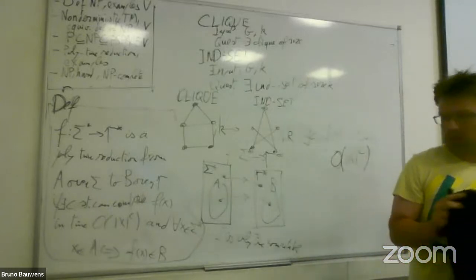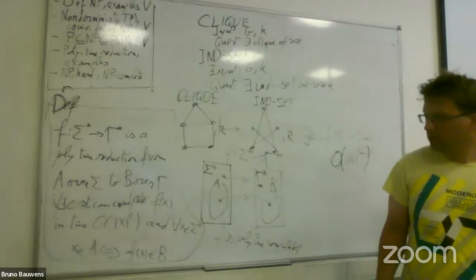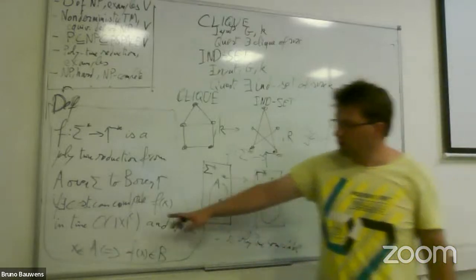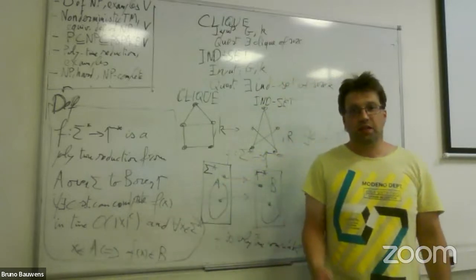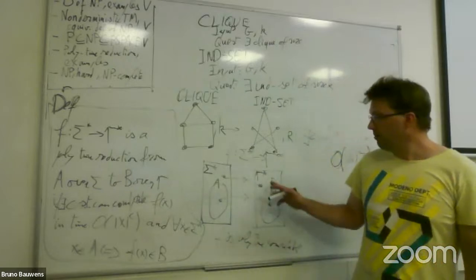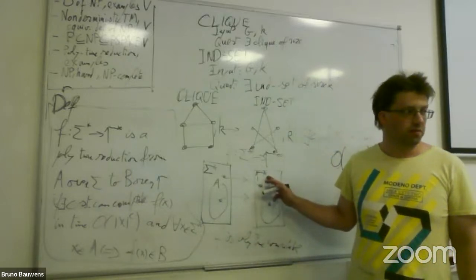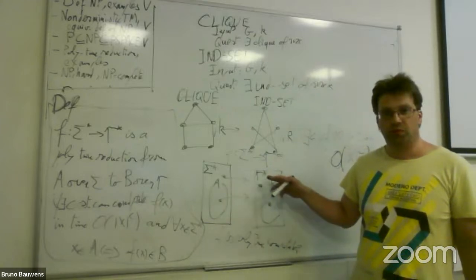So f of x will run in polynomial time, in the length of x. That means that if you apply a reduction, then the new string in gamma cannot be too long. Its length must be bounded by a polynomial. Otherwise, you don't have enough time to write it.